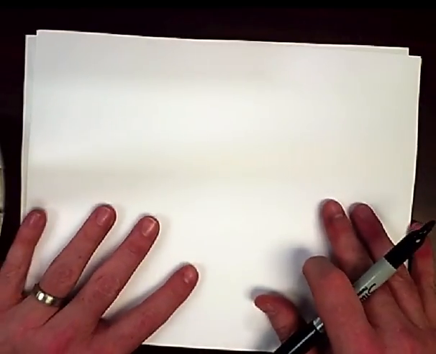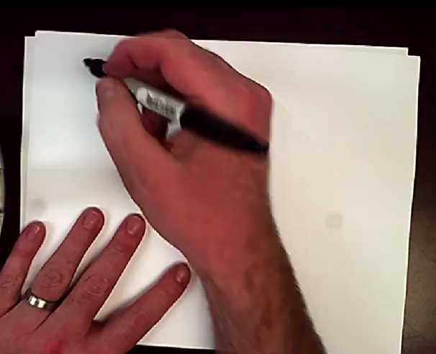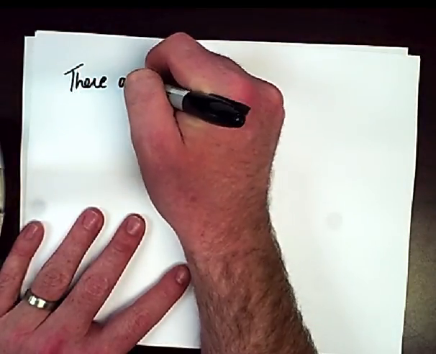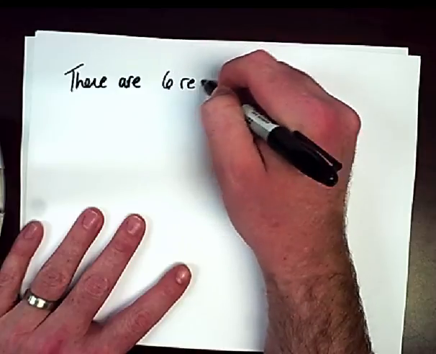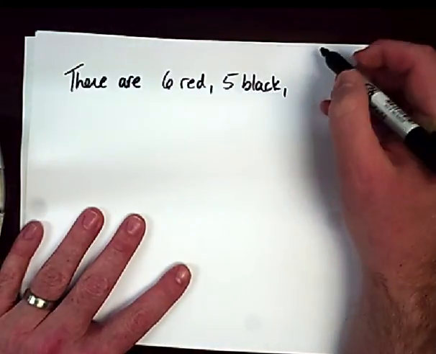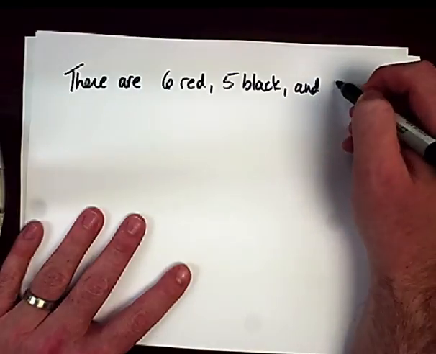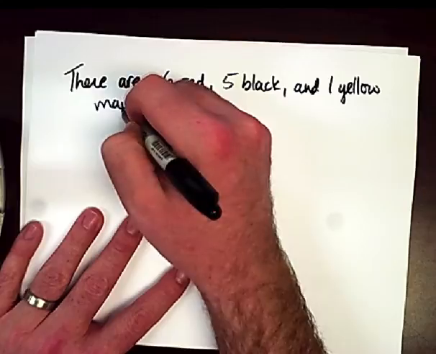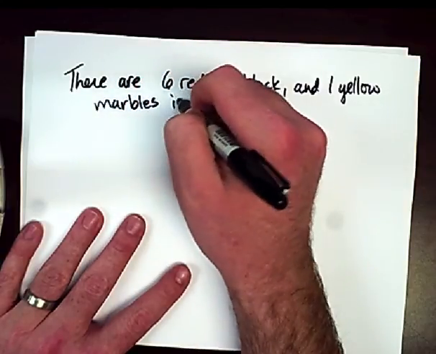let's look at a marble example. So let's say there are 6 red, 5 black, and 1 yellow marbles in a bag.